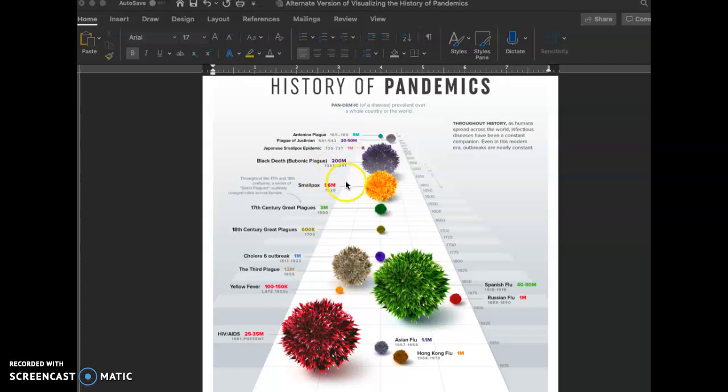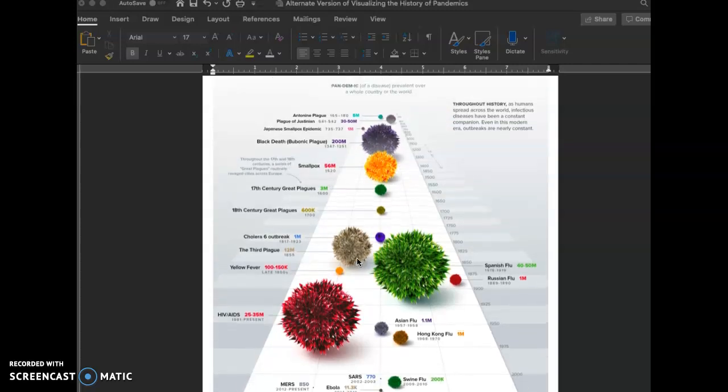And so we can see right here, and that also is, if you look at the picture of the virus or the bacteria, the size of the bacteria connects to how many people died from that pandemic. Okay, so we can see here 200 million people died of the Black Death, which was the bubonic plague.